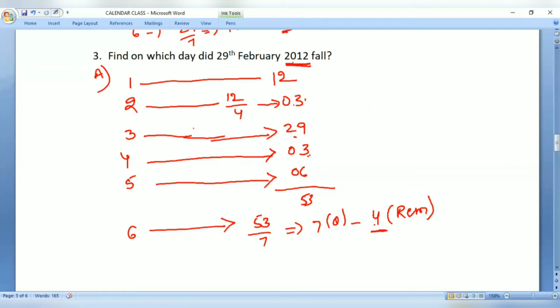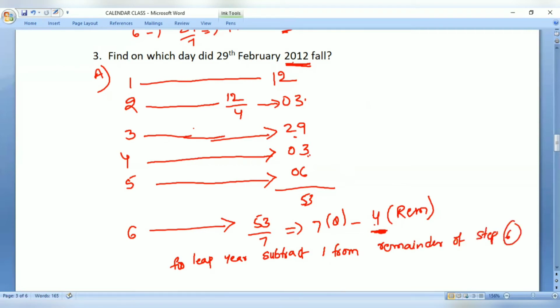In such cases, from the value that we received in step number 6, that is the remainder, subtract 1 from it. Here I am writing: for a leap year, we need to subtract 1 from the remainder of step 6.